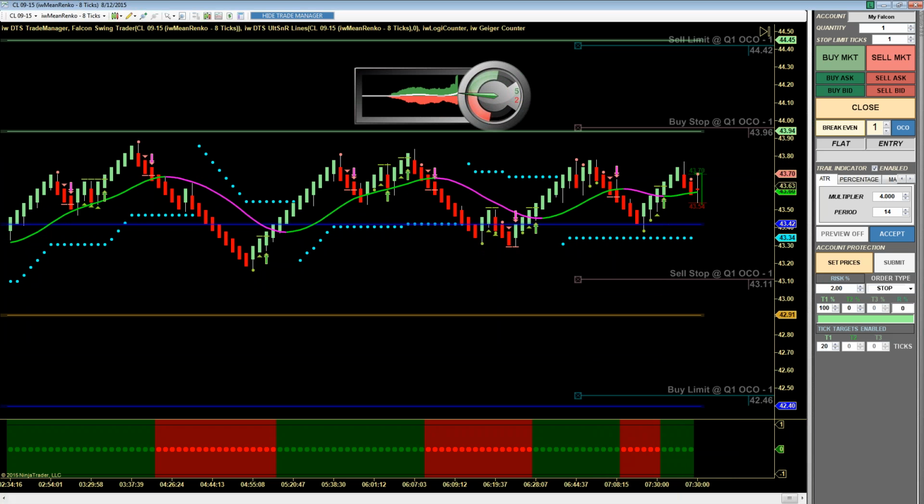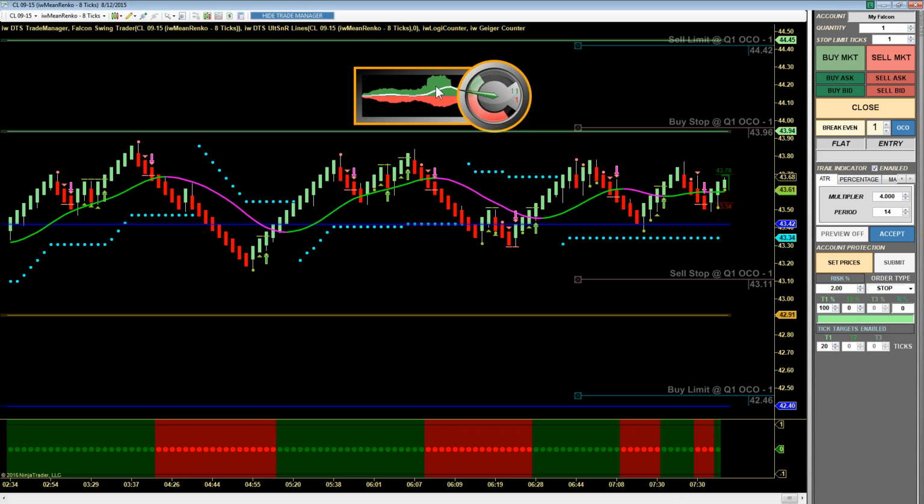All right, there's the inventory. Oh, still stuck on that 43.50 line. All right, getting a little bit of a plateau here. Notice this spike here on the buy side. We just absorbed a whole lot of buying.